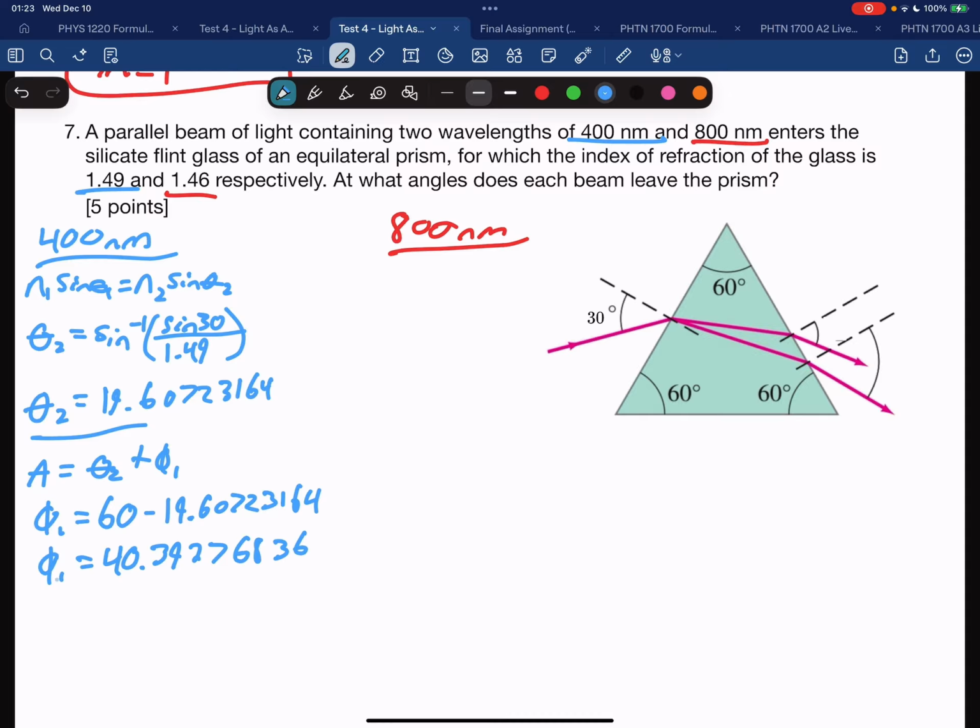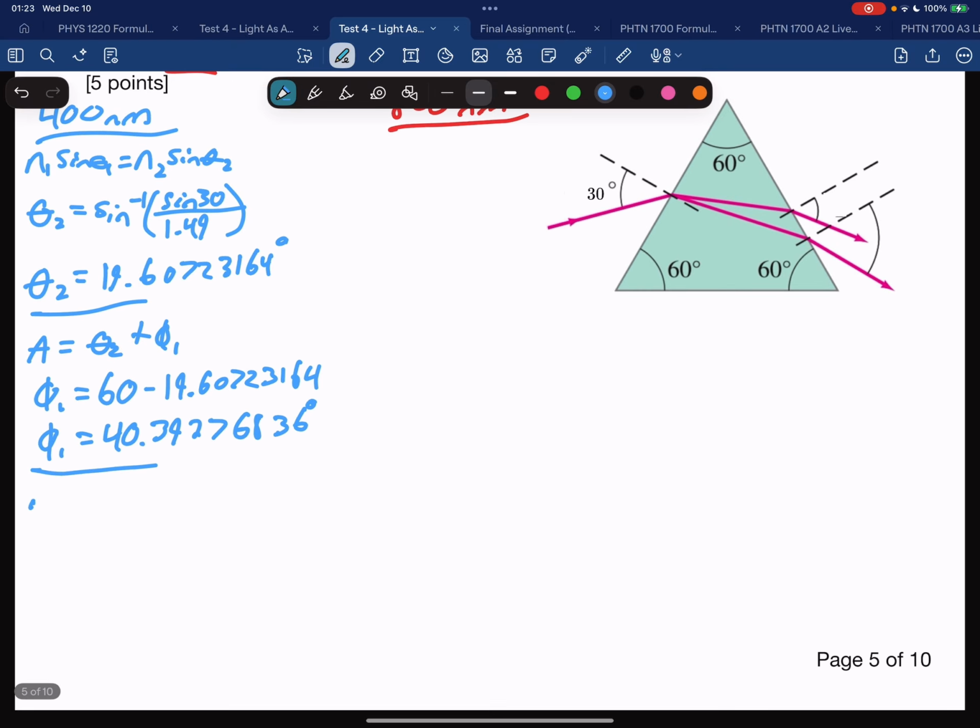40.39276836 degrees. I guess all of those should be degrees. And lastly, a second sine law. This time I'm going to have n2 sine phi 1 equals n1 sine phi 2.